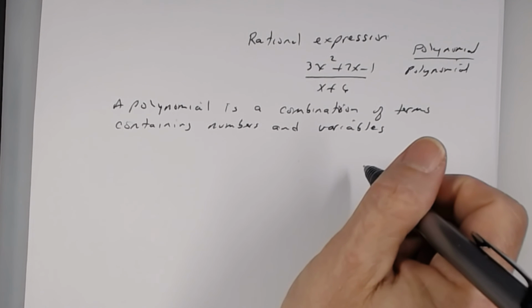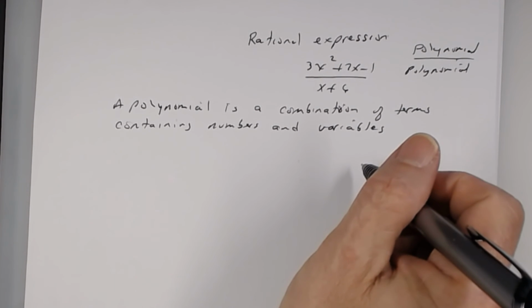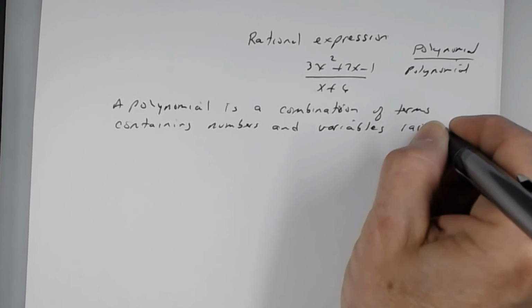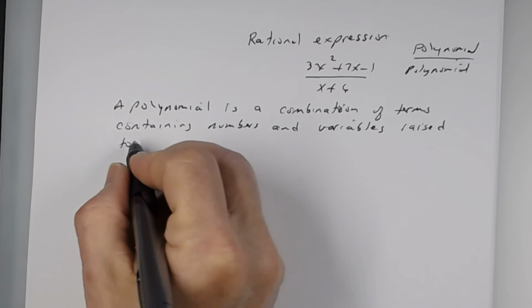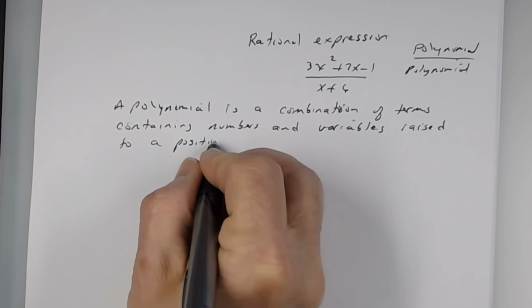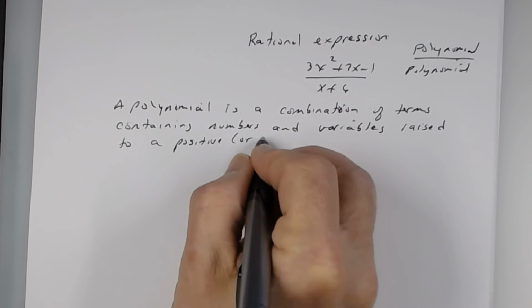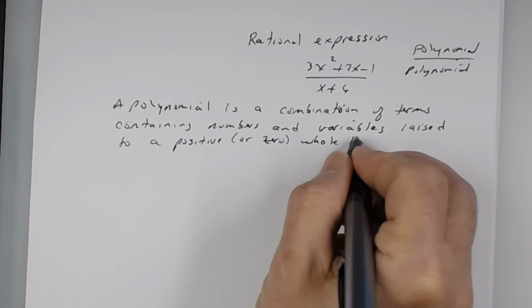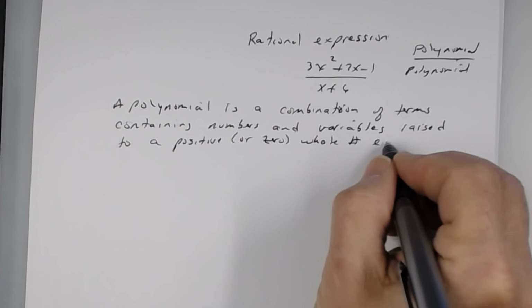So a polynomial is a combination of terms containing numbers and variables raised to a positive, or it could be 0, whole number exponents.